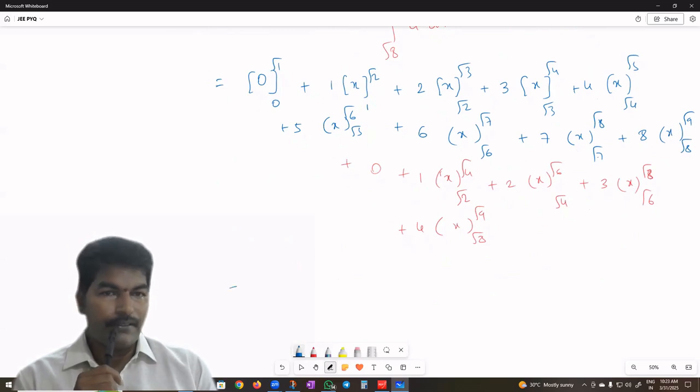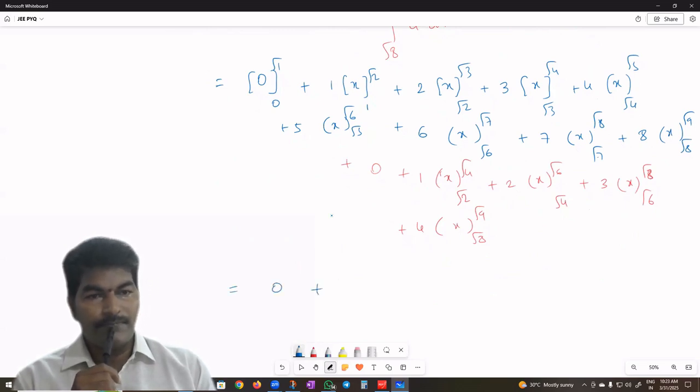Try these values. It is 0, the first value, and 1 into (√2 minus 1). Next, 2 into (√3 minus √2). Next, 3 into upper limit minus lower limit, (√4 minus √3).